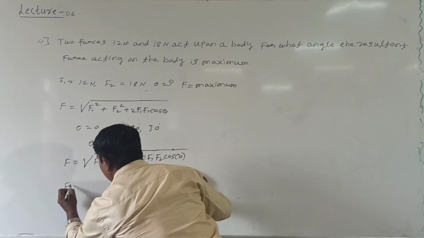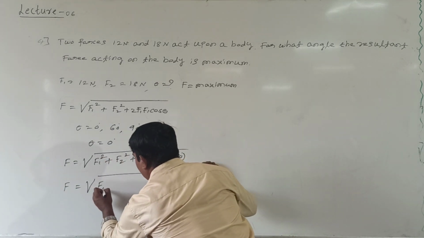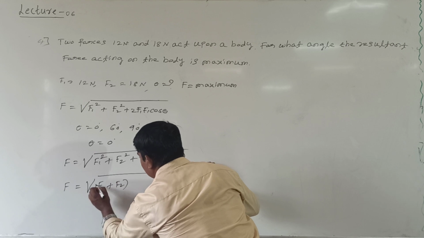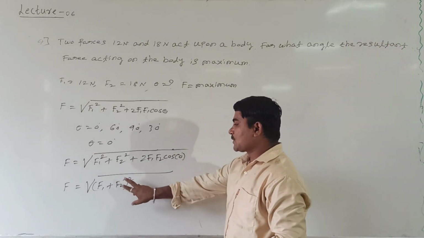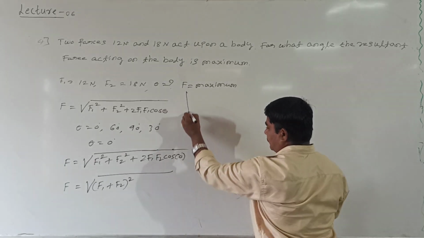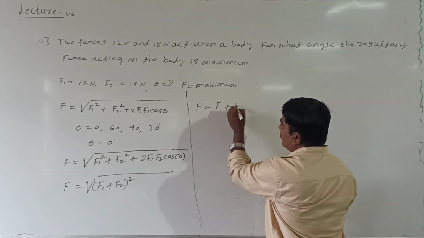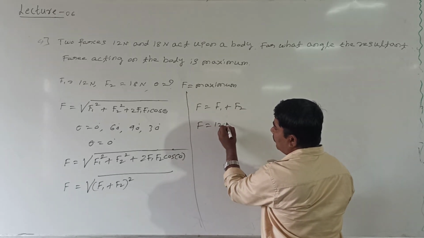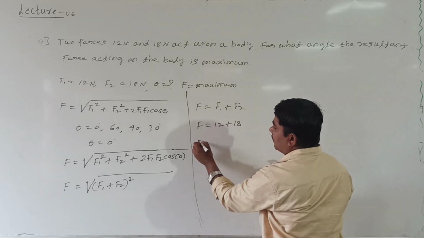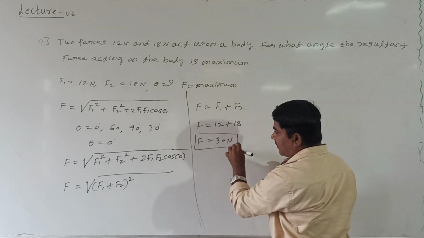Or we can write F equal to square root of F1 plus F2 whole square, which is F1 plus F2. Then F1 is 12 Newton, F2 is 18 Newton. What is the resultant force? Resultant force is 30. 30 is maximum.